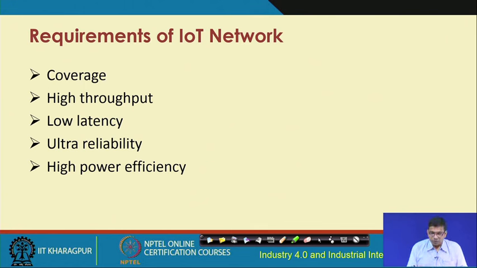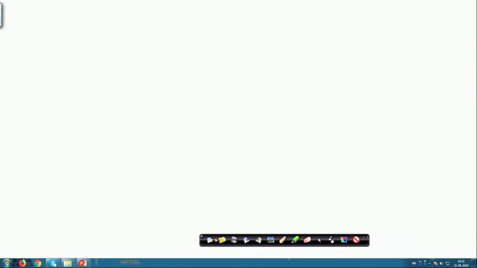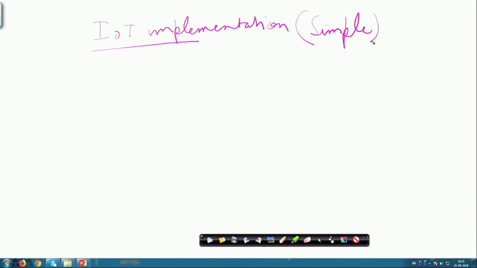So, before we talk about any further detail, let us go and talk about a sample implementation of IoT. This is a very simple, rudimentary kind of example that I will give you.